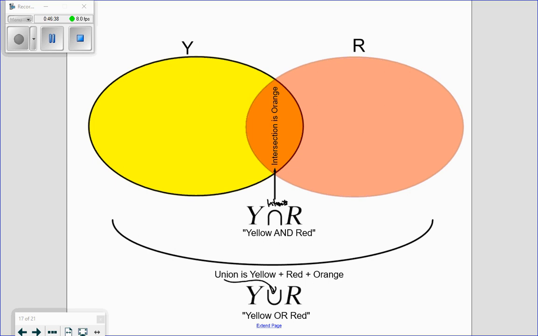So if you see the word or on your page, or means union and means intersect. Intersect is the overlap, or is everything. It's just learning the language and matching it to the symbol and then matching it to the diagram. You've just got to find a way to make that make sense in your head. Unfortunately, it's just a know by doing, and that's why we're going to do a ton of examples.